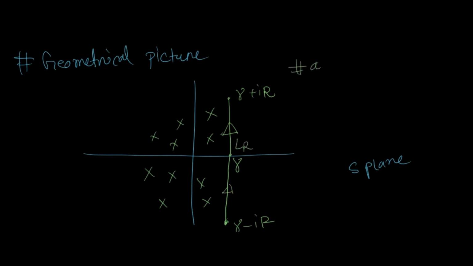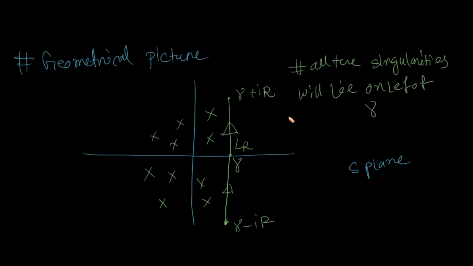So all the singularities will lie on the left of gamma, like this. Even if it's on the real axis or the imaginary axis, it doesn't matter. And this gamma is kind of irrelevant, you will see in a few seconds why.